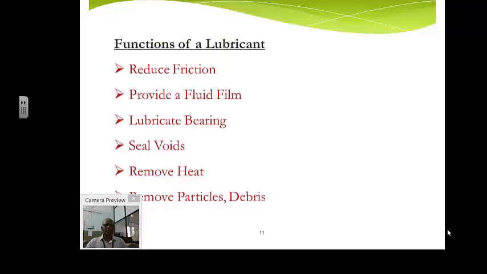The major functions of a lubricant are to reduce the friction, to provide a fluid film which separates the two surfaces, to lubricate the bearing, and to seal voids. And we know that during the interaction between the two surfaces, there will be a temperature rise.